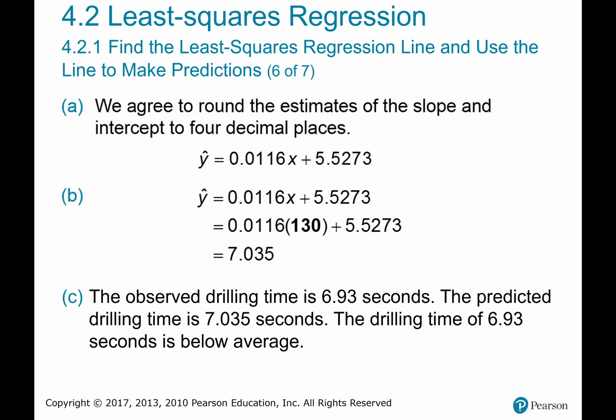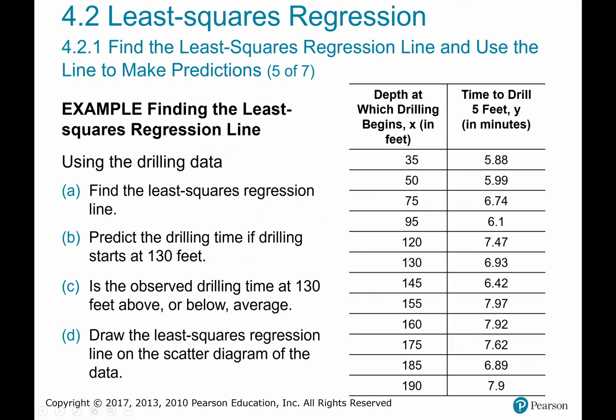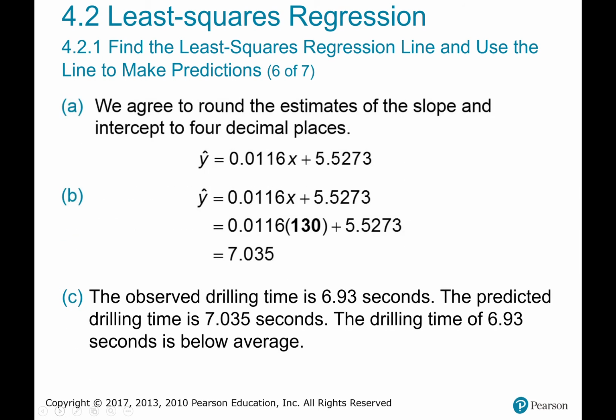So we've been doing that anyway. They calculated y hat as this. They plug in 130 to figure out part B, and obviously they used a calculator to get that because they used the data from right here. They plugged in 130 and found 7.035.